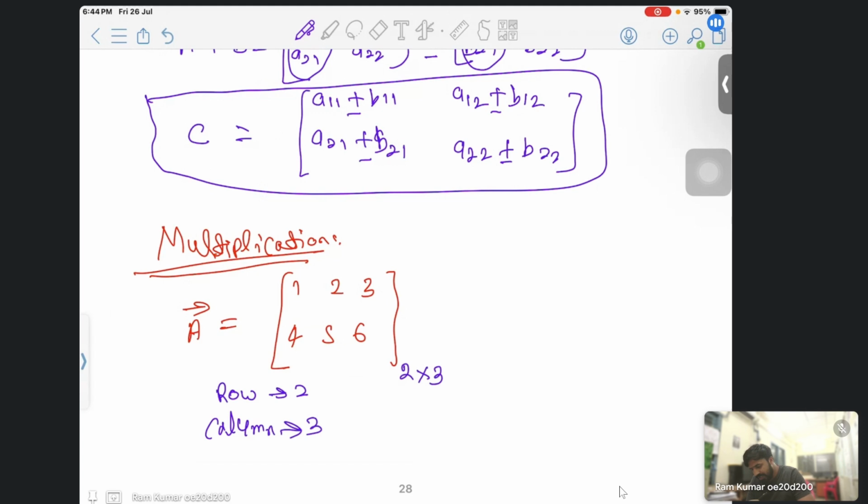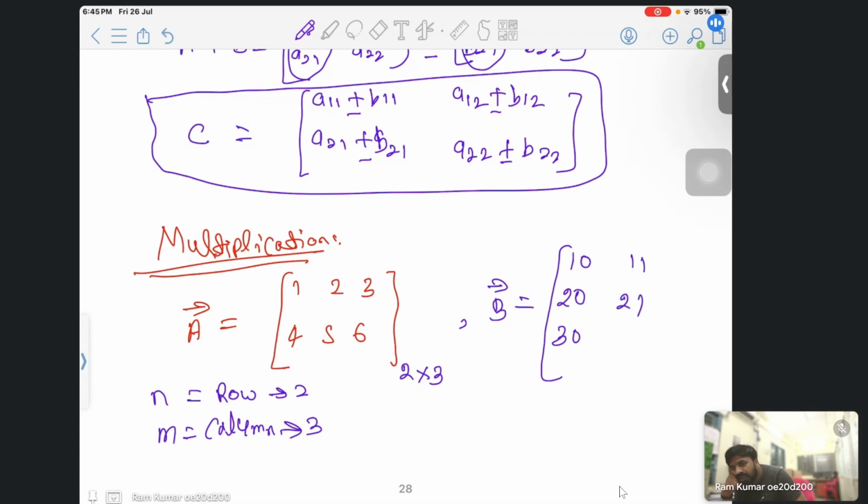In a simple way, I will say the number of rows equals n and the number of columns equals m, so the size is n cross m. Then matrix B is 10, 20, 30, then 11, 21, 31.